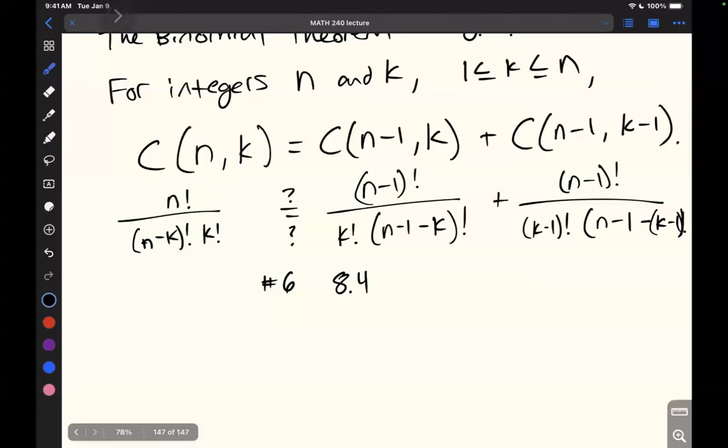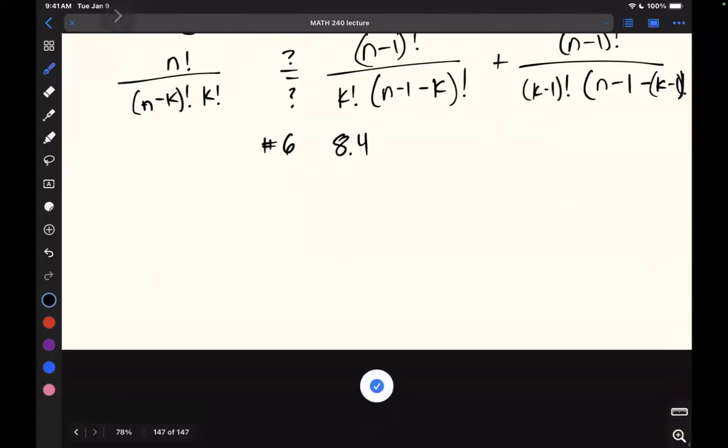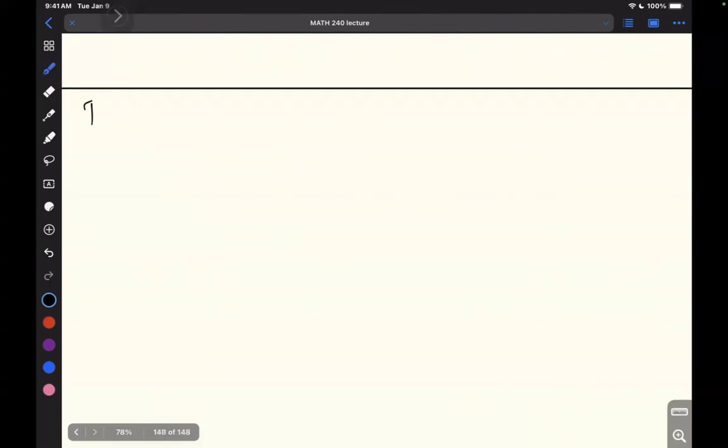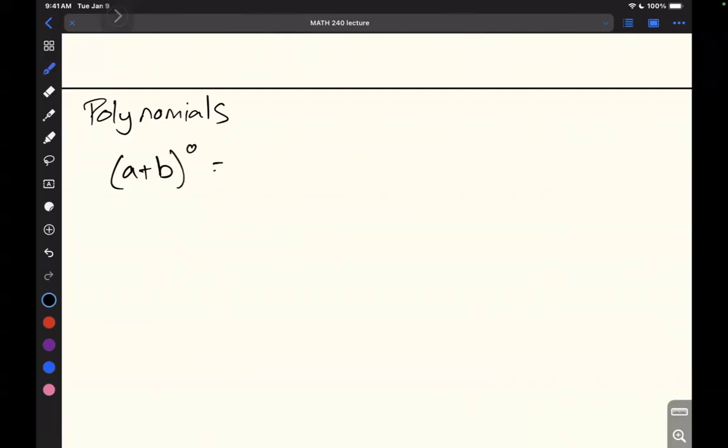The other activity is I made you expand all of these polynomials. So a plus b to the 0th is just 1. A plus b to the 1 is just a plus b.